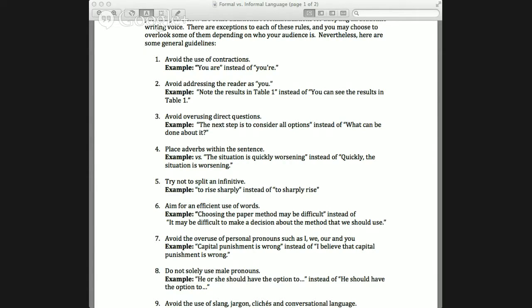Okay, so it's another kind of direct address thing, and saying what can be done about it is really like offering up a direct question to the reader, whereas there's something more formal about taking the distance to say the next step is to consider all options. That said, questions, this is a place where there's a definite exception.